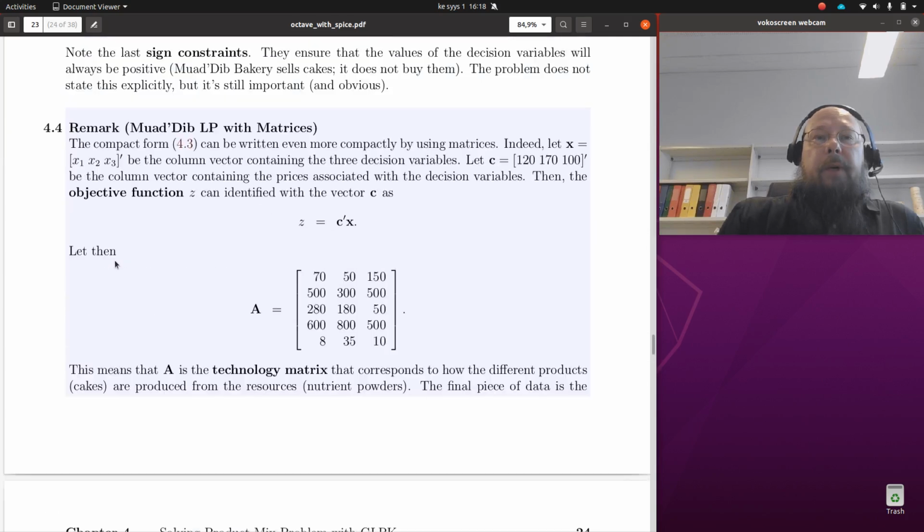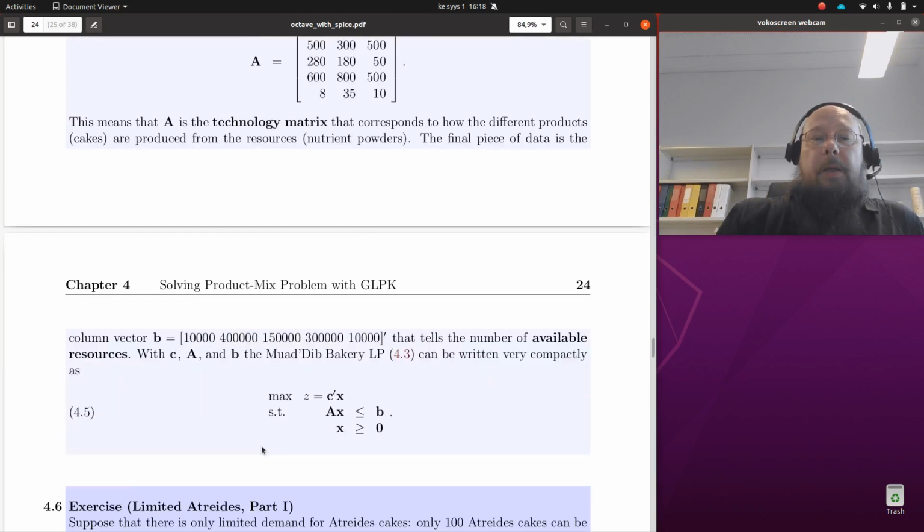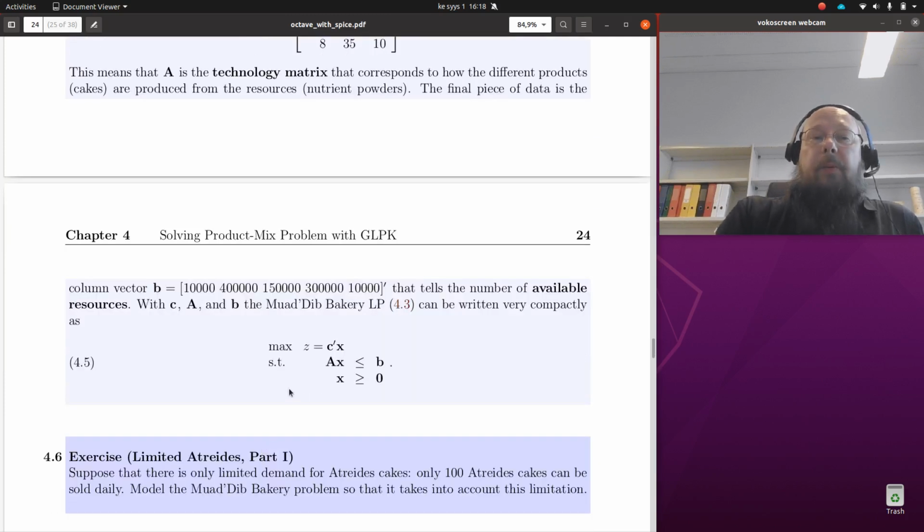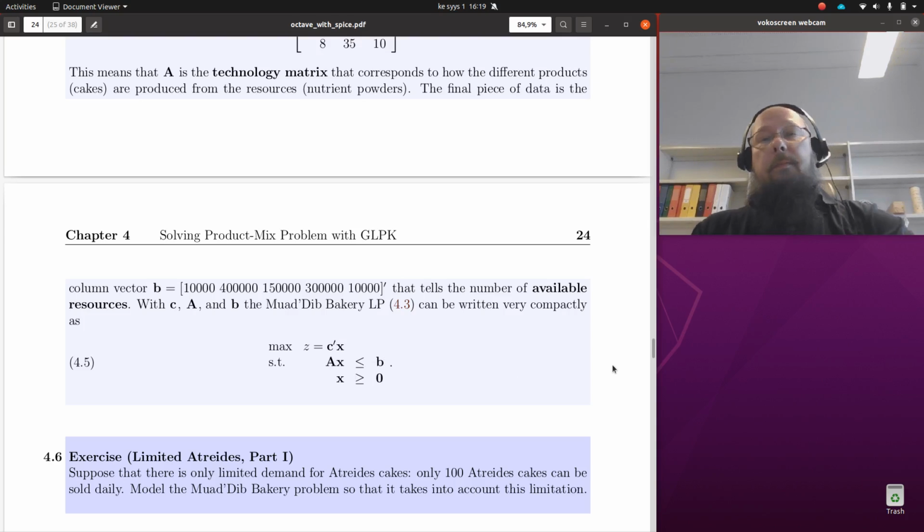We have found a vector C, a matrix A, and a vector B, so that the problem basically says that we want to maximize Z equals C prime X (C transpose X), subject to the constraint that A times X is less than or equal to B and X is positive.